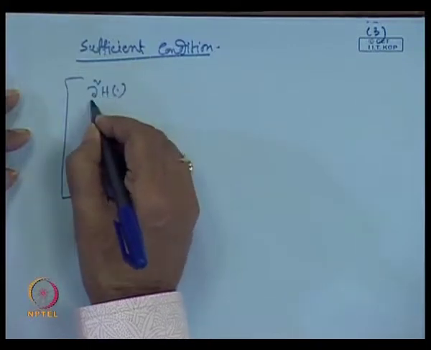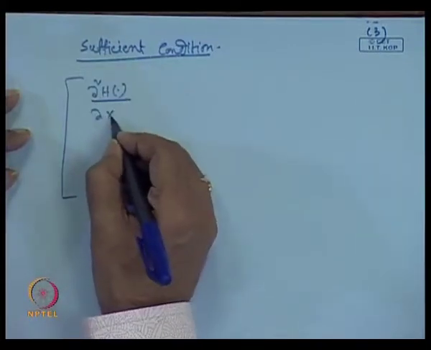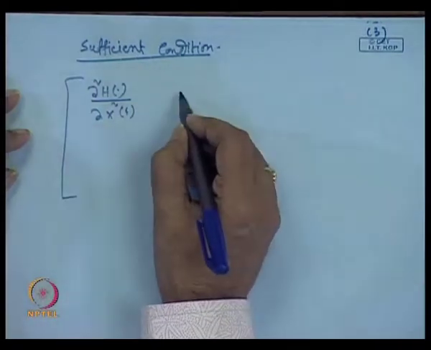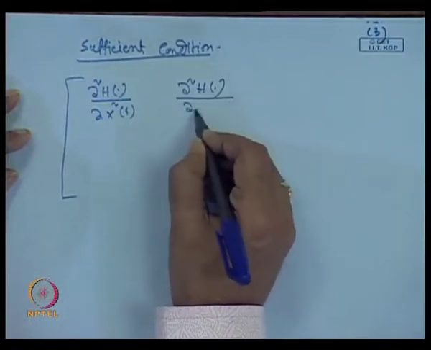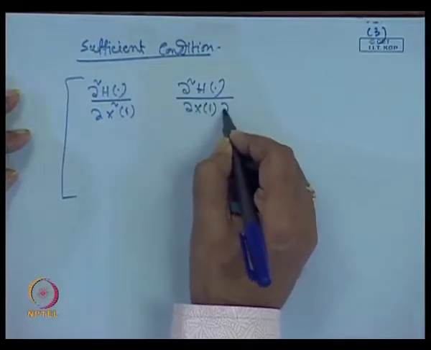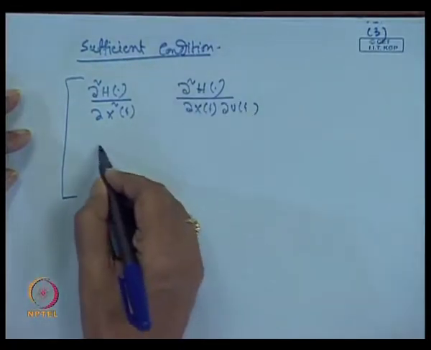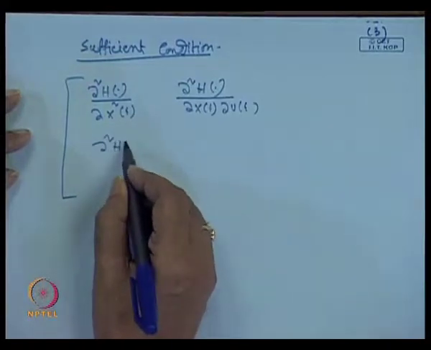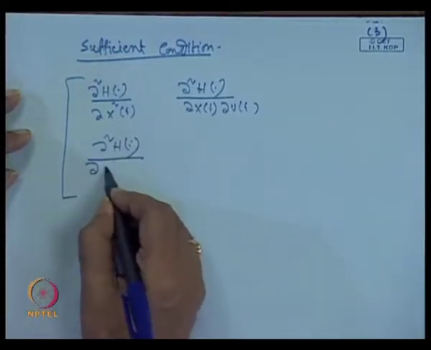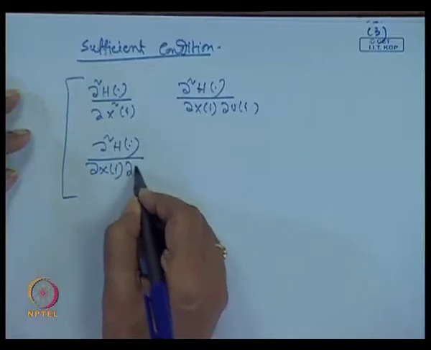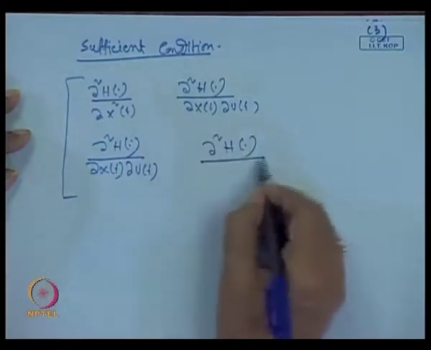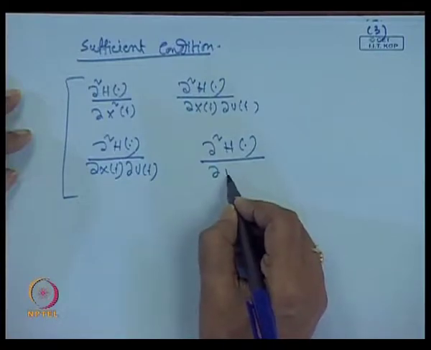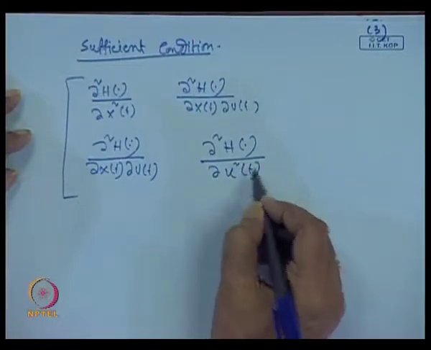This is the matrix of second derivatives of h: del square h by del x square of t, del square h by del x of t del u of t, similarly del square h by del x of t del u of t, then del square h by del u square of t.